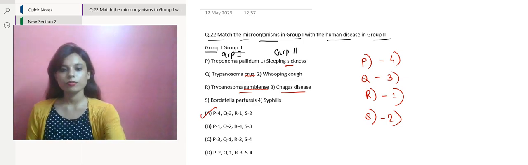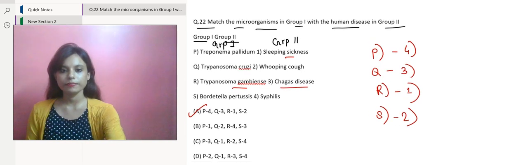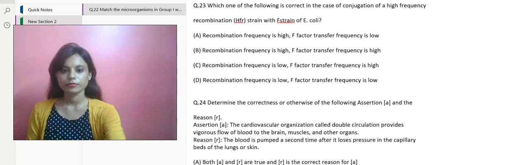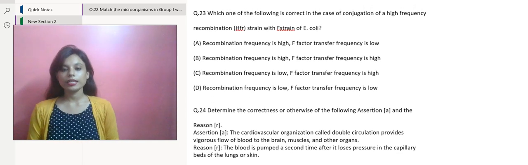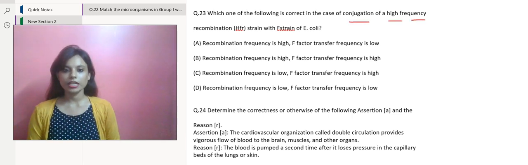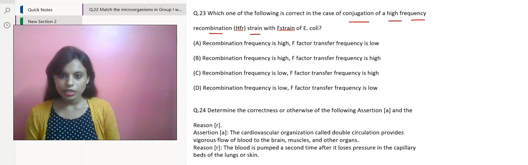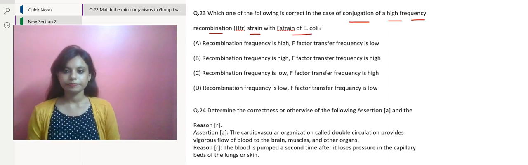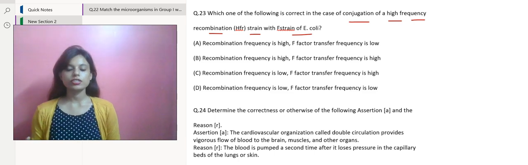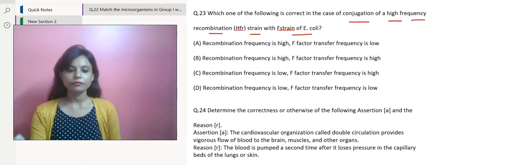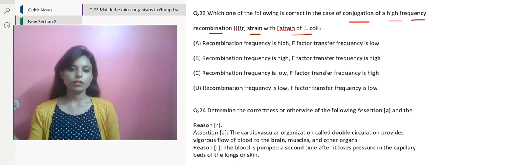All right. Let's move over to the next question. It says, which one of the following is correct in the case of conjugation of a high frequency recombination strain with an F strain of E. coli?